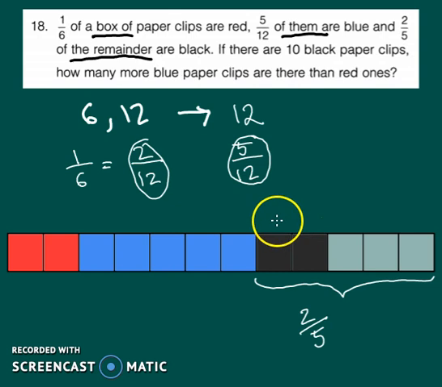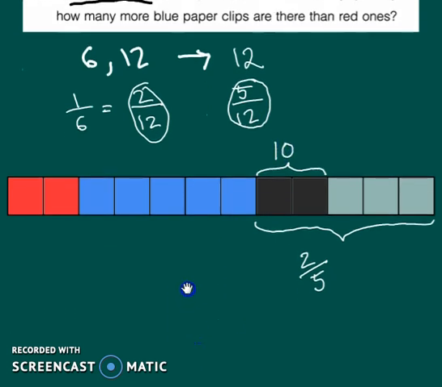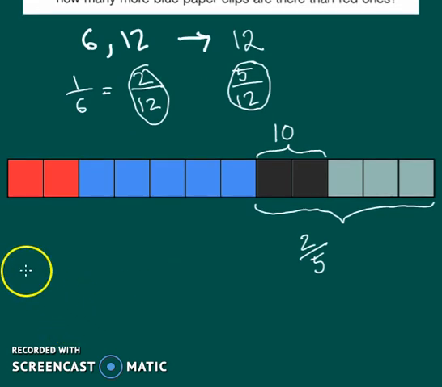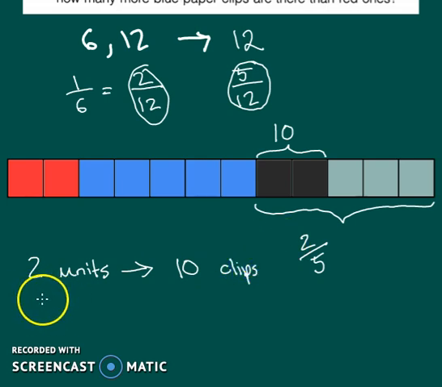So we need to figure out how many paper clips one of these units is worth, and we're told that the black units contain 10 paper clips. So what can we do with that information? If we know that 2 units, thanks to knowing more information about the black ones, is equal to 10 paper clips, how many paper clips is 1 unit worth?